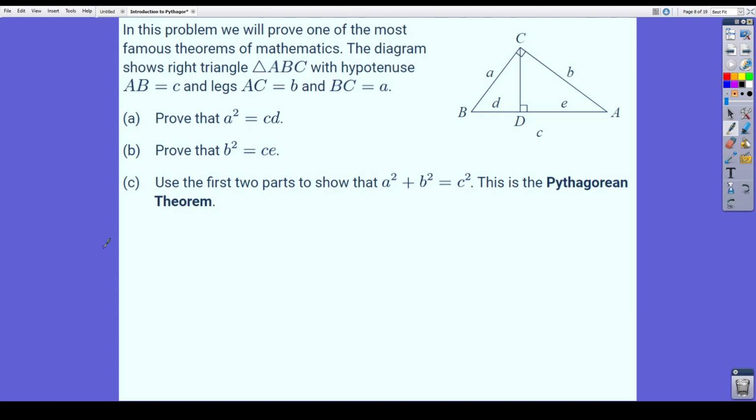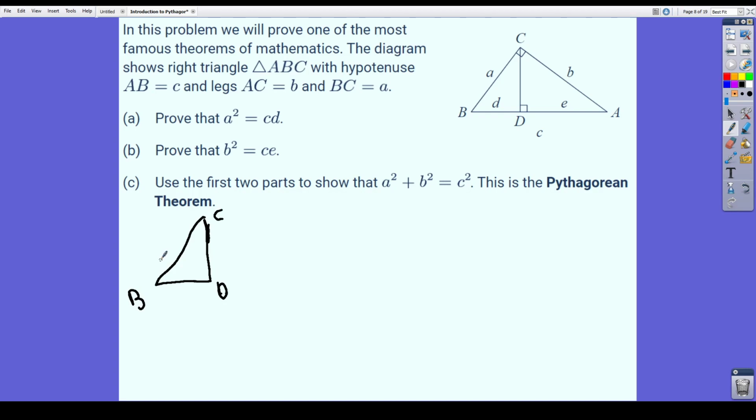Now, if you look at the diagram that it provides, it looks very similar to the last problem we did. So we can use a similar technique to solve our problem. Draw the three triangles that we see in the diagram separately. So the first triangle I'm going to draw is CDB.